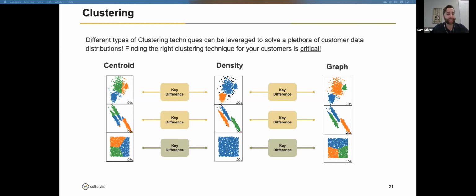Another great example within the different families is the top one, where we can see the density clustering is finding two distinct clusters, the graph is finding three distinct, and the centroid is finding one distinct and maybe two that aren't really that distinct.